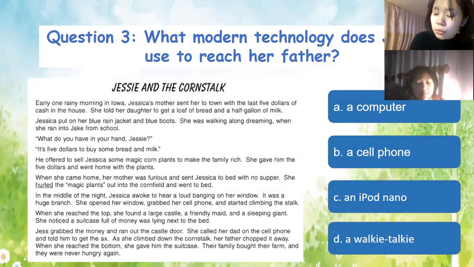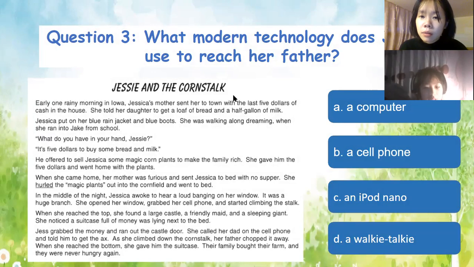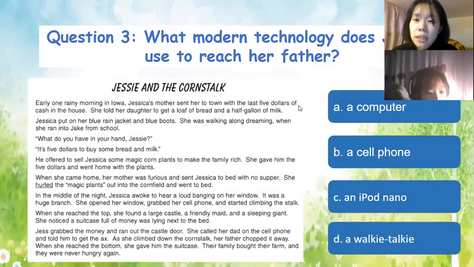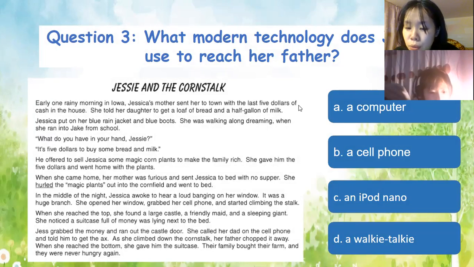Làm một câu này nữa thôi rồi chúng ta nghỉ nhé. Number 3. What modern technology does Jessica use to reach her father? A computer, a cell phone, an iPod Nano, a walkie-talkie.